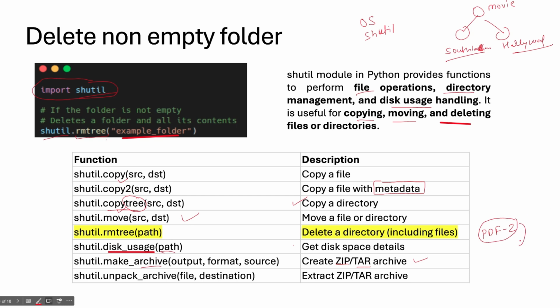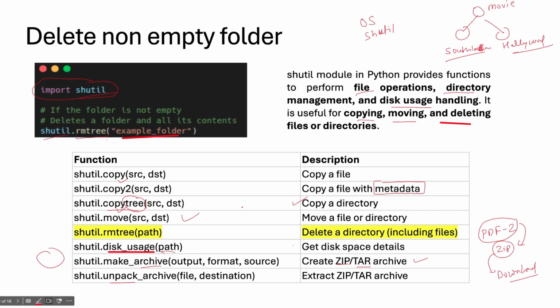You can combine them, create a zip file, and then this zip file will download to the local system. These operations help you to combine or zip your files, and unpack is used to unpack the zip file.